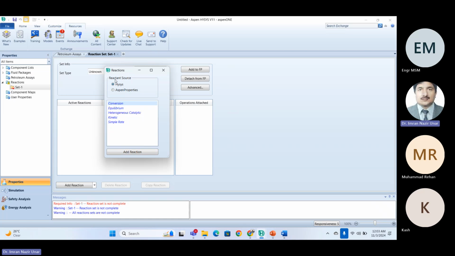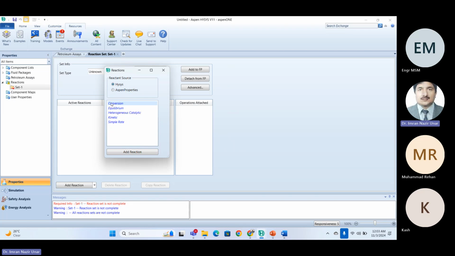So they are asking from where you want to take it. HYSYS is okay for us. You will not find any difference if you click even Aspen properties. You cannot understand what is happening behind the scenes, but this is only because this software is an alien. HYSYS is not Aspen's own software since its birth, but it was acquired later.